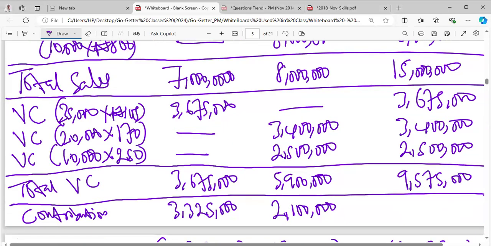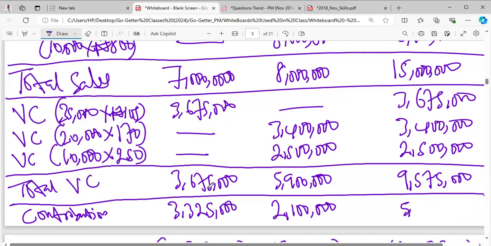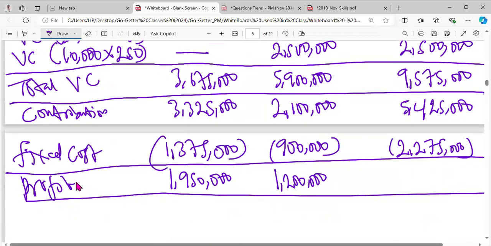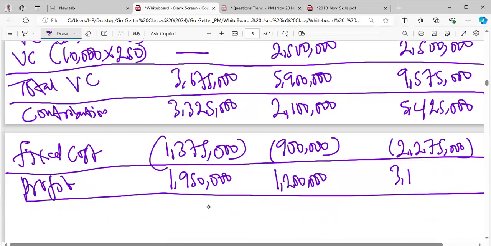Remove it from the sales of 15 million. That gives me 5,425. Then you take away 2,275, and that gives me 3,150. So that's how to do this particular question.